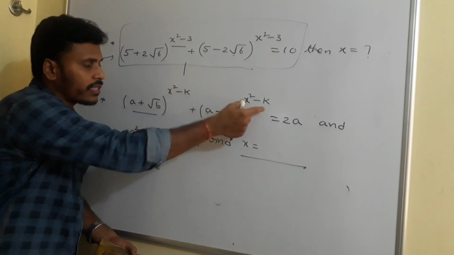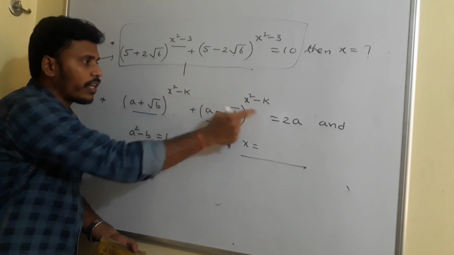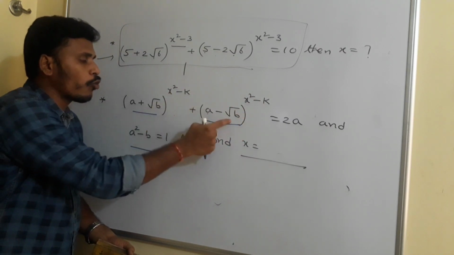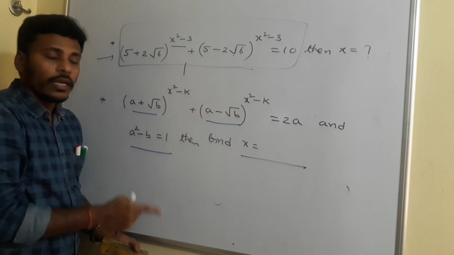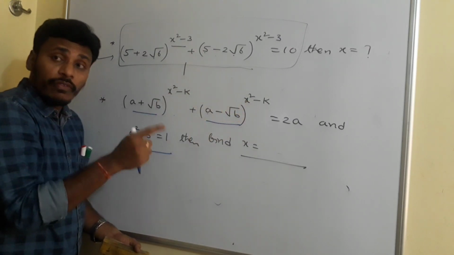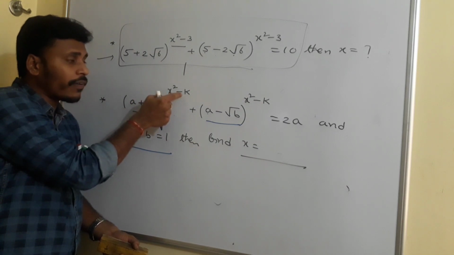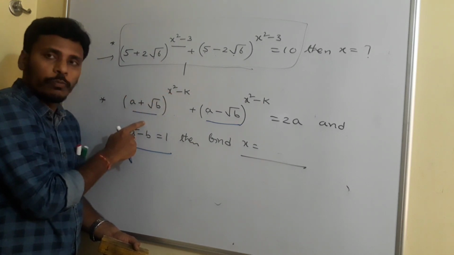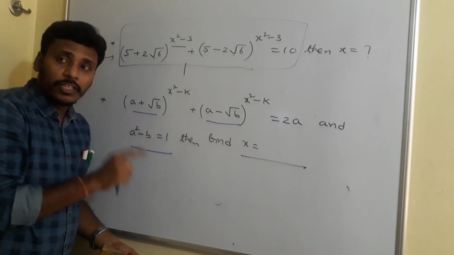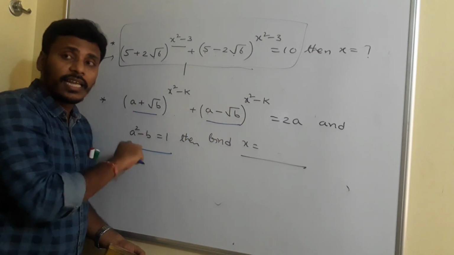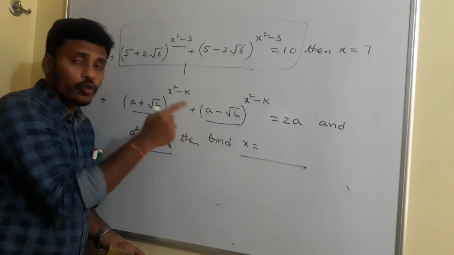If x square minus k is 1, if this power is 1, root b and root b get cancelled and you are left with 2a. So one possibility is the power 1. If the power is minus 1, then a plus root b to the power minus 1 will become a minus root b, and a minus root b to the power minus 1 will become a plus root b. In that case, again if you add, the result is 2a only.